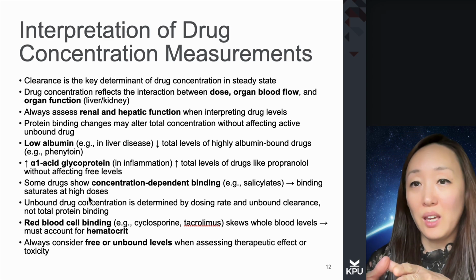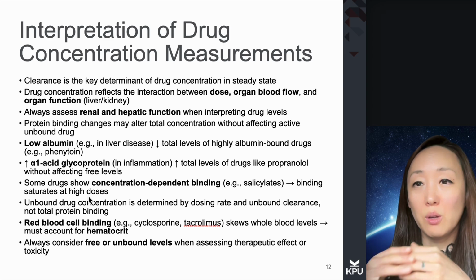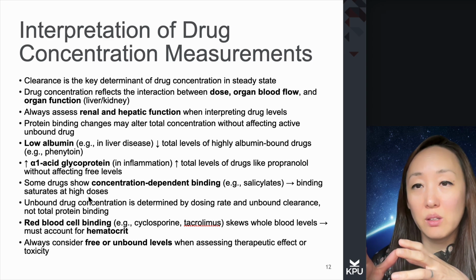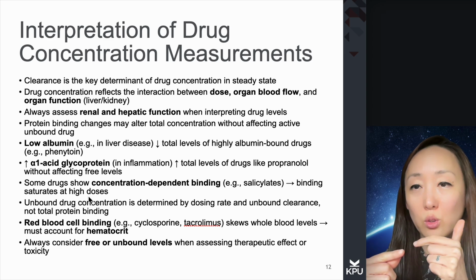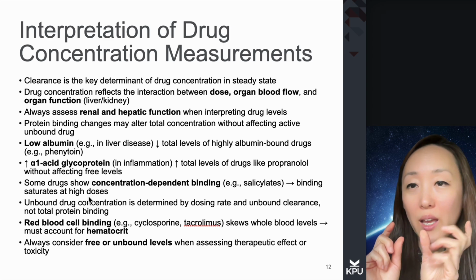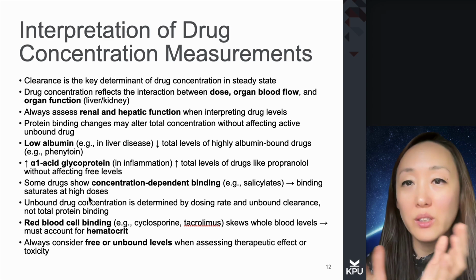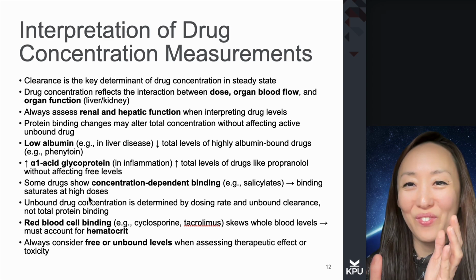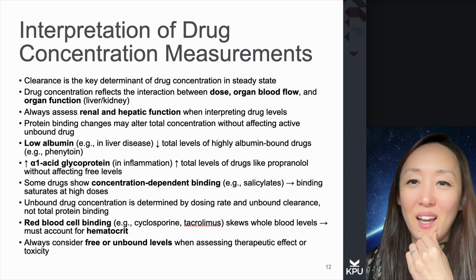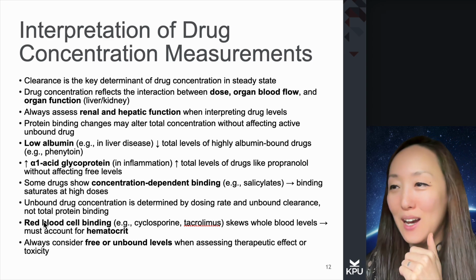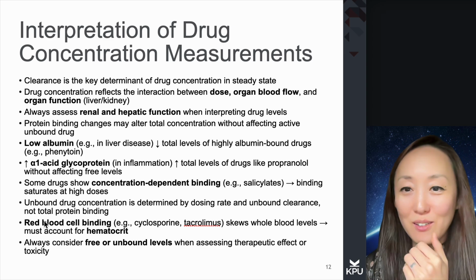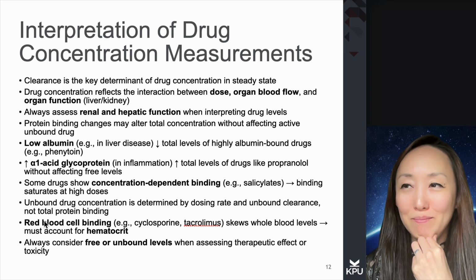So in this case, the total concentration appears to increase less than expected with the increasing dose, but the unbound active drug still increases proportionately. And so these are the things, layers upon layers of it, that need to be considered.